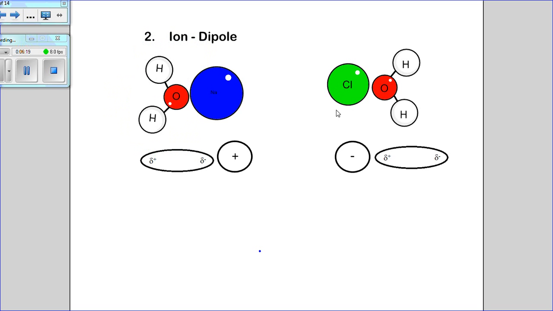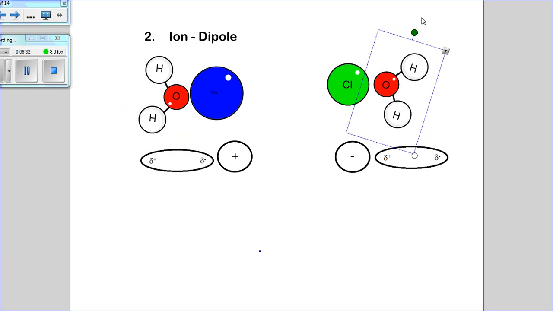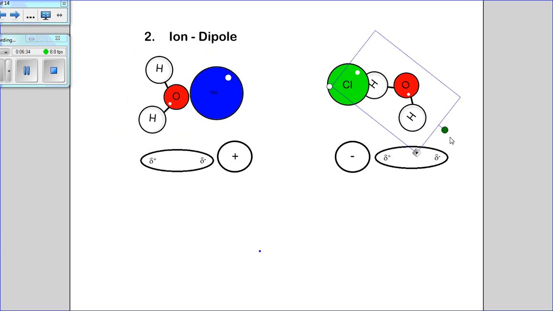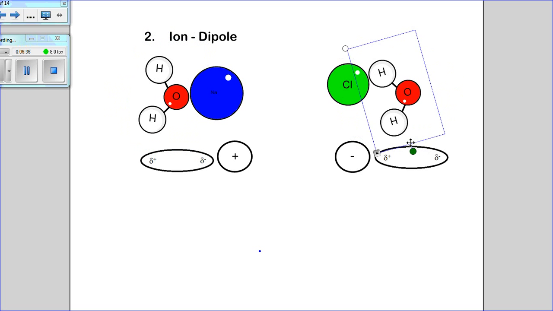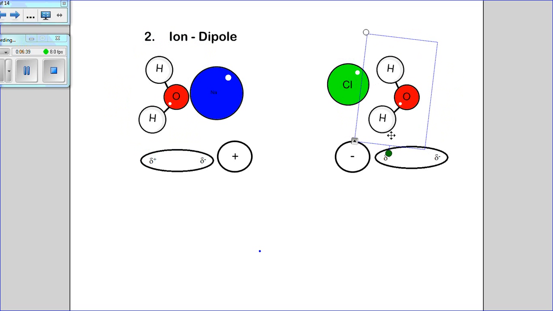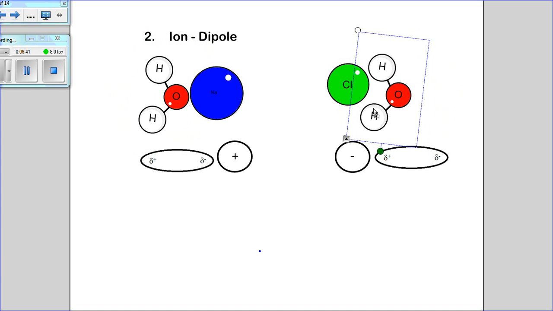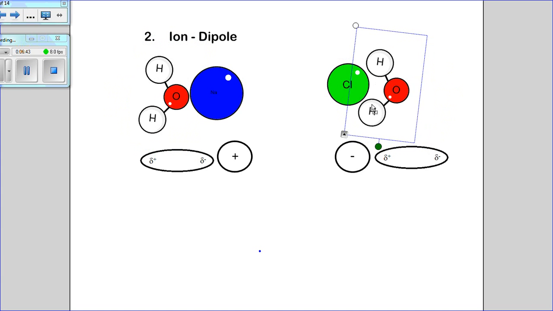Similarly, we know that chlorine is a negative ion. So if we look at the water molecule, its negative side is the oxygen side, and the hydrogen side is the positive side. In this case, we will have repulsion, and the molecule will reorientate itself so that the hydrogen side, which is positive, will be attracted to the chlorine, which is negative.